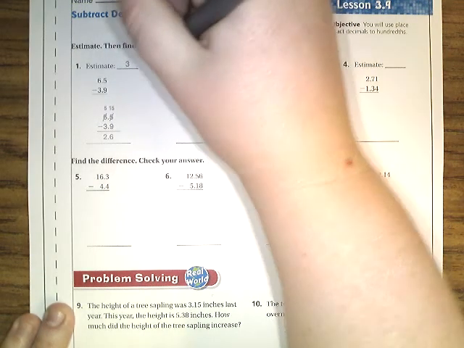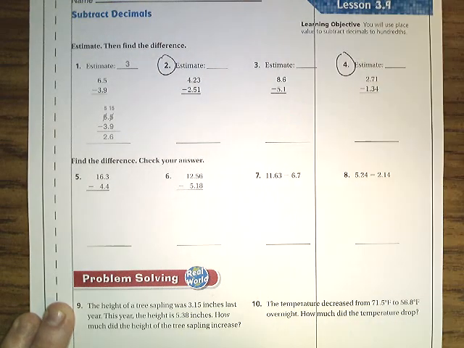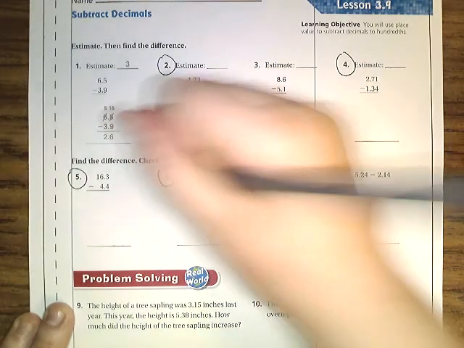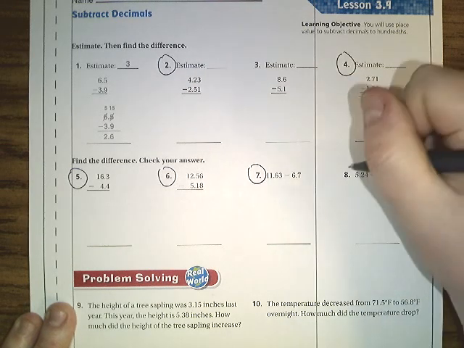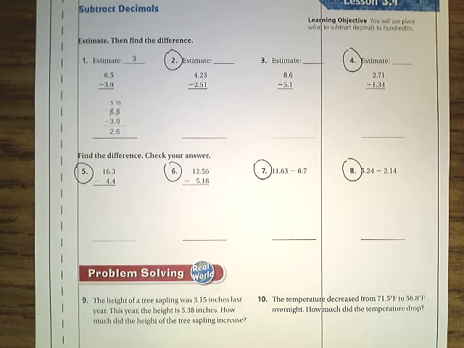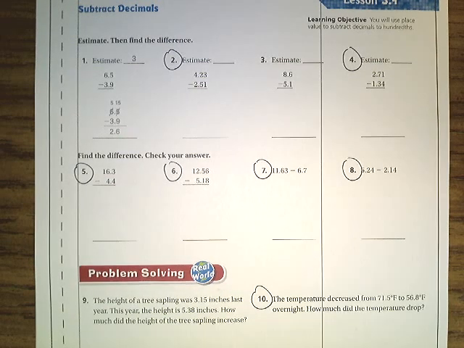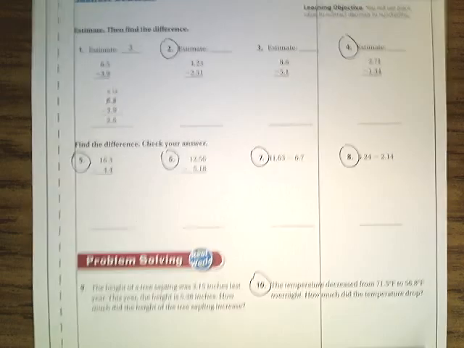I want you to do number 2, 4, 5, 6, 7, 8, let's see, 10. Okay, so far we have 2, 4, 5, 6, 7, 8, and 10.